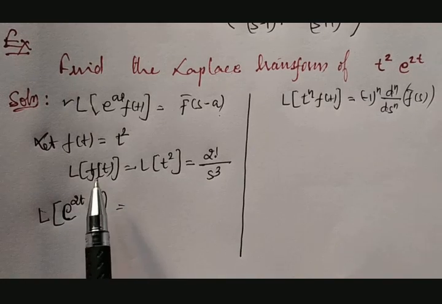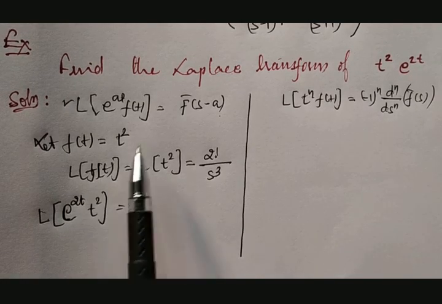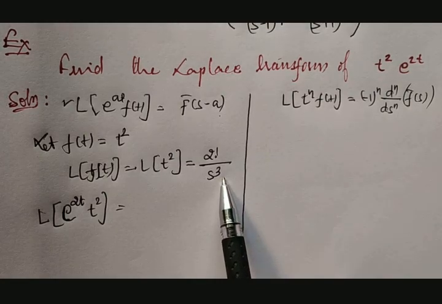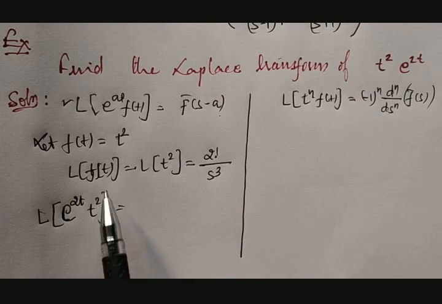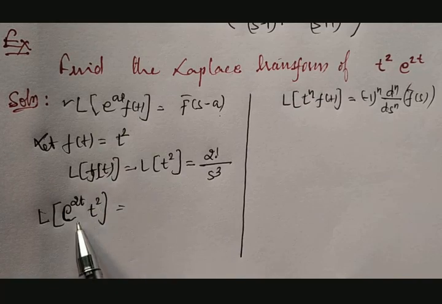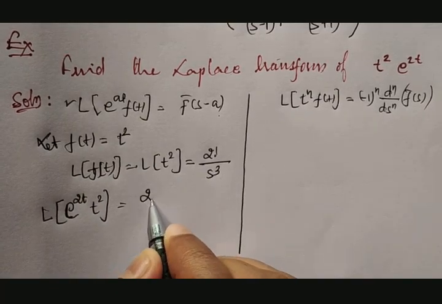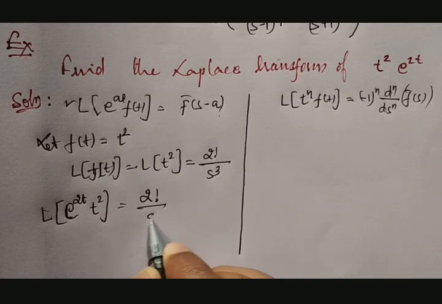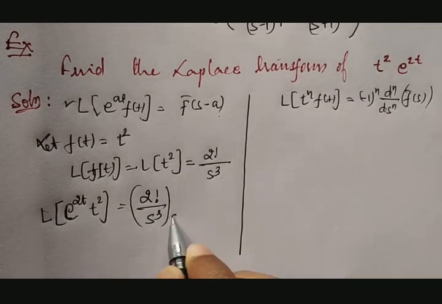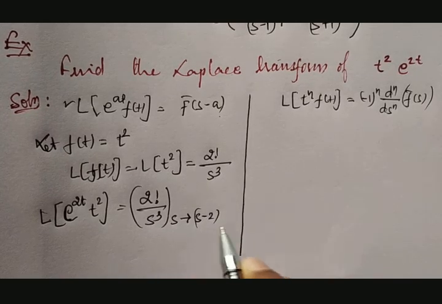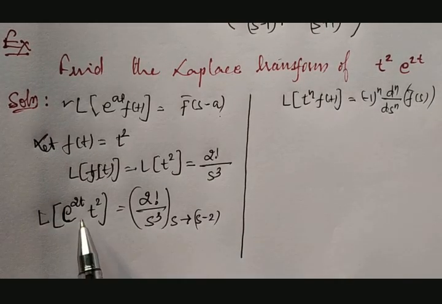See, here only we have taken Laplace transformation of the other function, that is t square, and we know the Laplace transformation of that. As soon as that product is taken with exponential, then what happens? That result, that is 2 factorial divided by s cube, where s is going to be replaced by s minus 2. From where the s minus 2 comes?